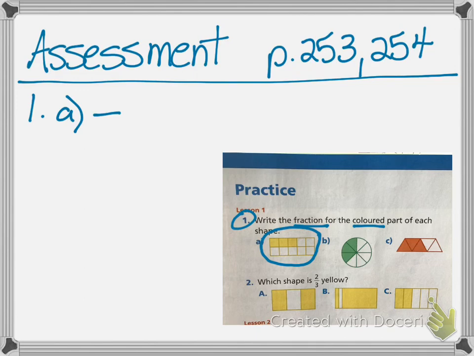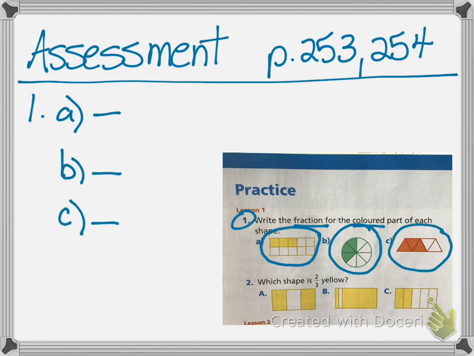And you're going to do that for B, but for B, you're going to do it for this one. So remember to count the colored part, and then for the denominator on the bottom, remember what you have to count for that. And C, that one as well. So a fraction for each of those. Pause the video until you're done each of those.